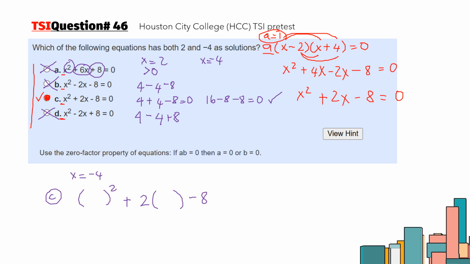After I write that, I plug in the numbers exactly as you see in the parentheses, and then calculate. -4 squared is positive 16. 2 times -4 is -8. Then minus 8, drop it down. Then 16 minus 8 is 8, minus 8 is 0. So make sure you use the parentheses for the negative number.